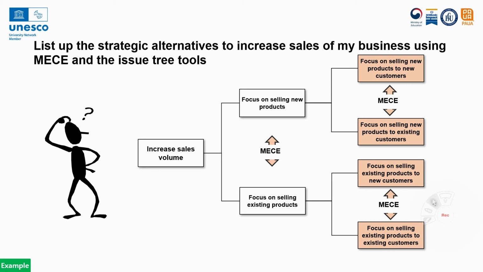So describing the big issues or problems quantitatively will help you to understand more clearly what the actual problem is. But for the sake of the explanation, I simply put increasing sales volume in the box of the problem statement. Okay, so the problem I want to tackle is increasing sales volumes.